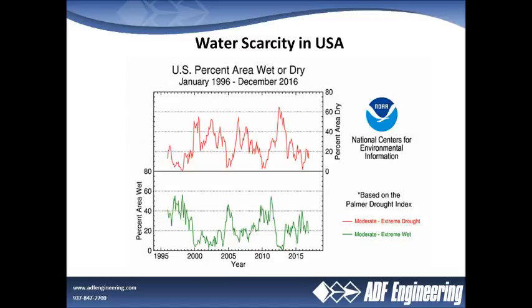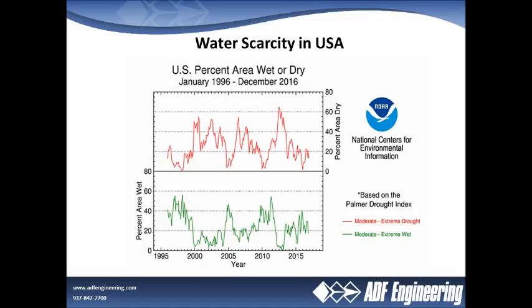Here is another chart from the National Center for Environmental Information that looks at the drought and the floods in the continental US over the last 20 years also. And you can see that this is a very cyclical process, but between 2012 and 2013, a lot of portions of the US experienced drought. If you remember from watching news or listening to stories.